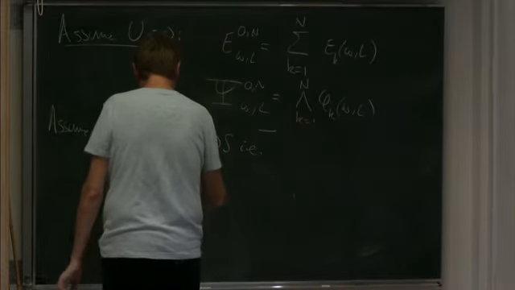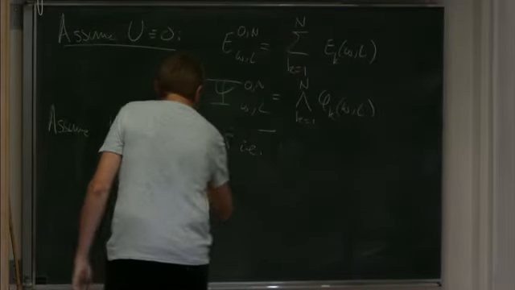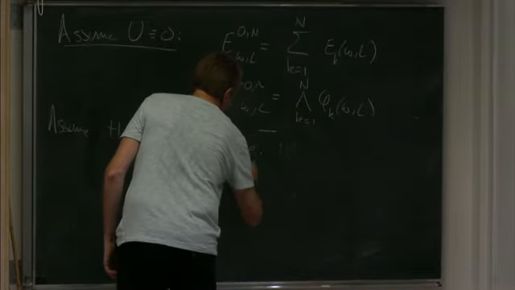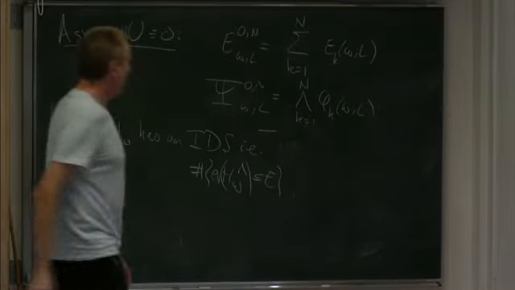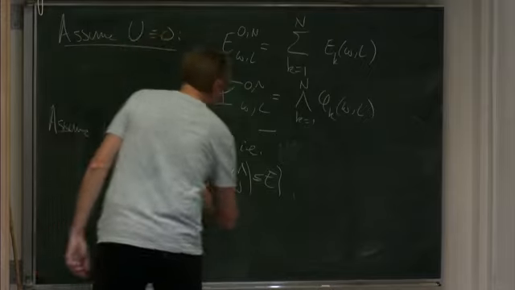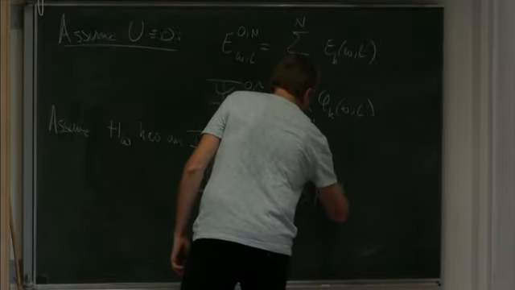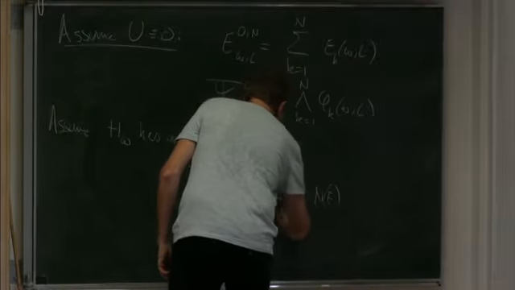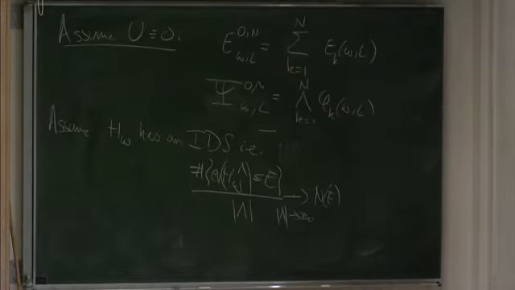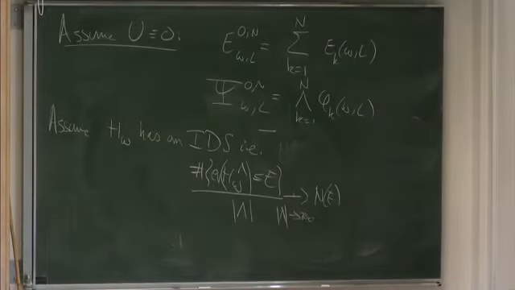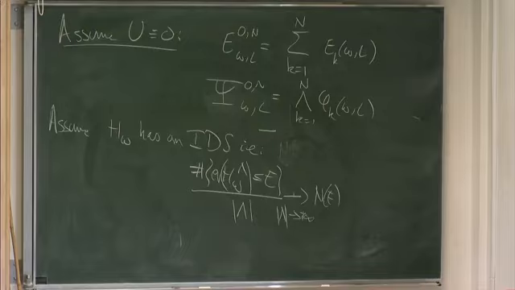It means that if you compute the number of eigenvalues of your operator h omega lambda less than some energy E, divided by the volume lambda, this will have some limit n of E when the volume of lambda goes to infinity. This is known for many models, consequences of ergodicity.